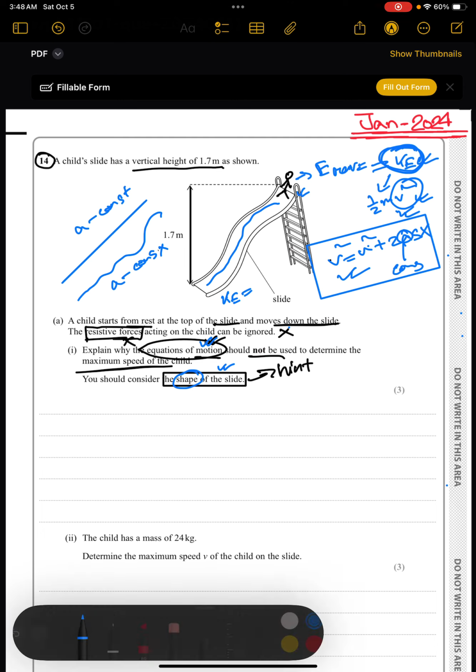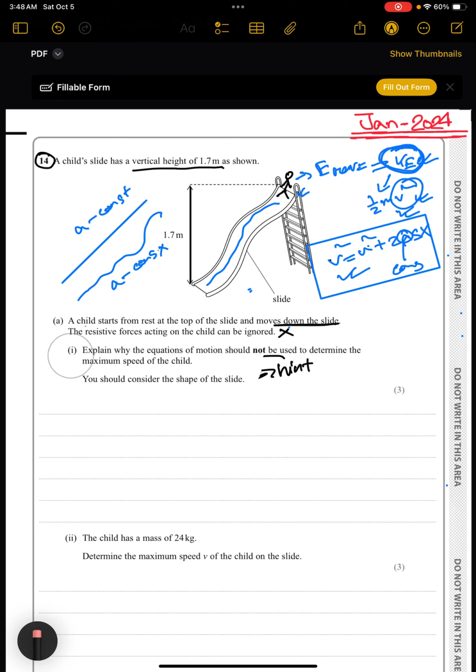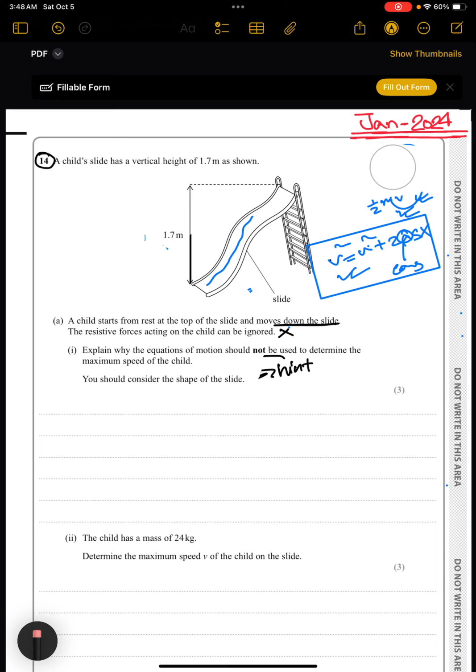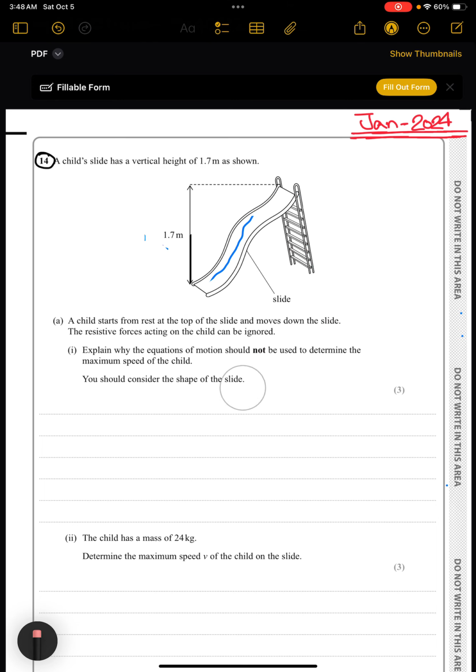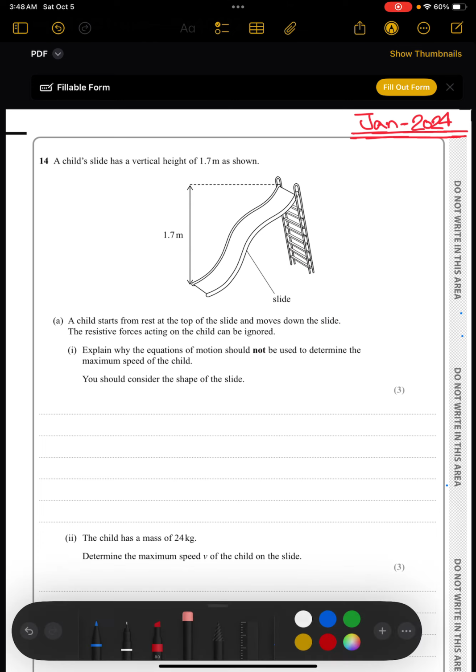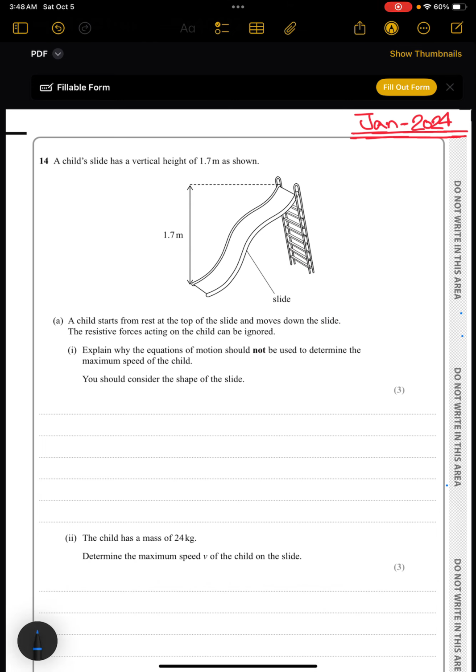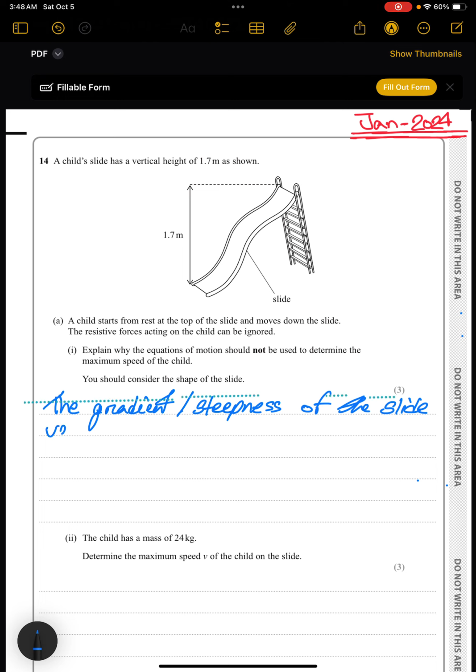So let's go and write it down here in our own words. The answer of this question will be, as we all know, the gradient or the steepness, you can use any of them, the gradient of the steepness of this slide varies, as it is not constant.